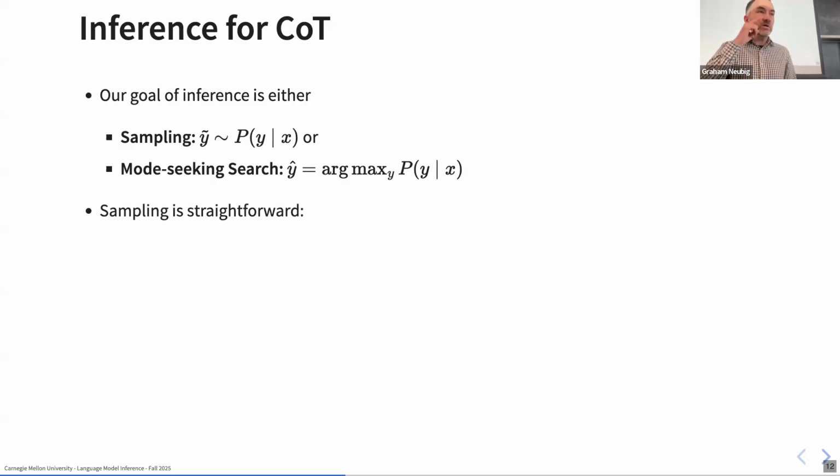Sampling, as always, is straightforward if we want to sample exactly from the model probability. As we mentioned before, ancestral sampling with a temperature of 1 is always good enough in an autoregressive model. So we sample z tilde, the chain of thought, and then based on the chain of thought we sample the output y, and we're done.